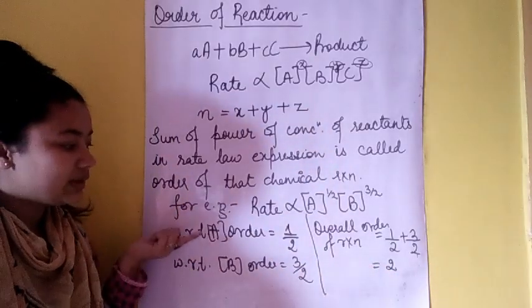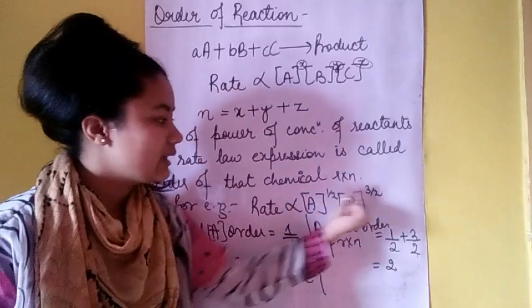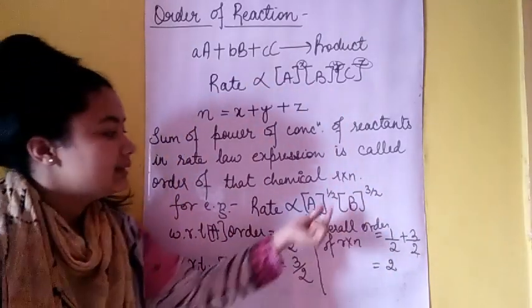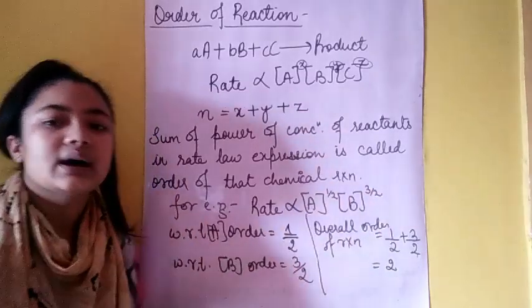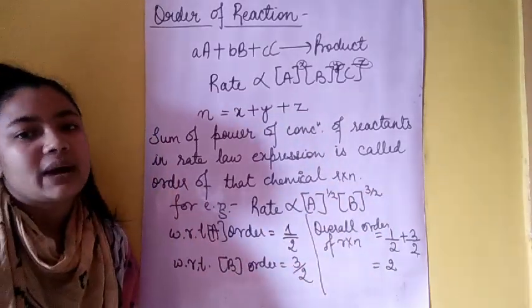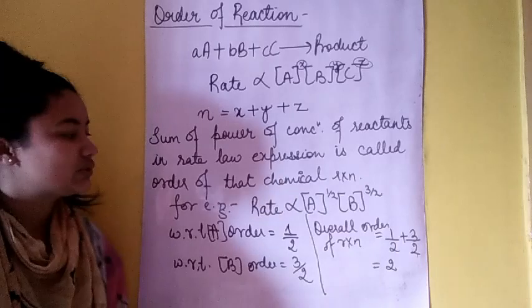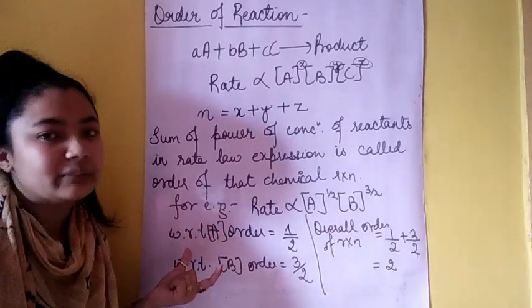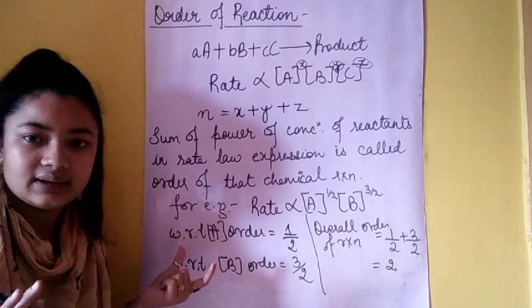So order can be calculated by these powers, but it is very obvious that these exponents or these powers can only be calculated by the experimental determination. So order of the reaction can only be determined experimentally, right?